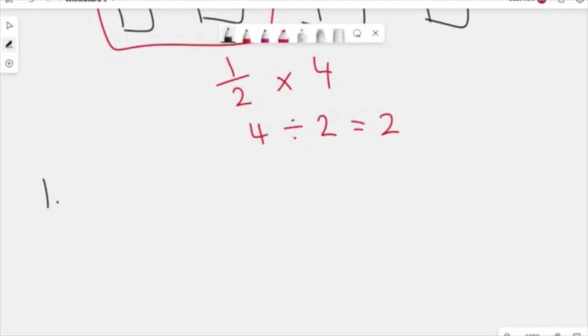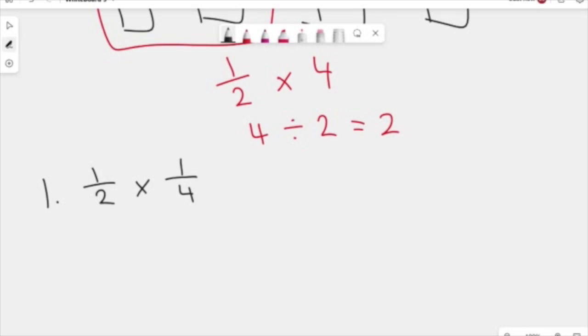So we want to find what is half multiplied by a quarter. We essentially want what a half lot is of a quarter.